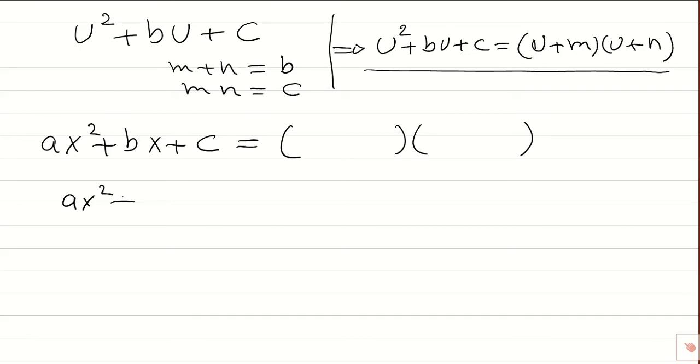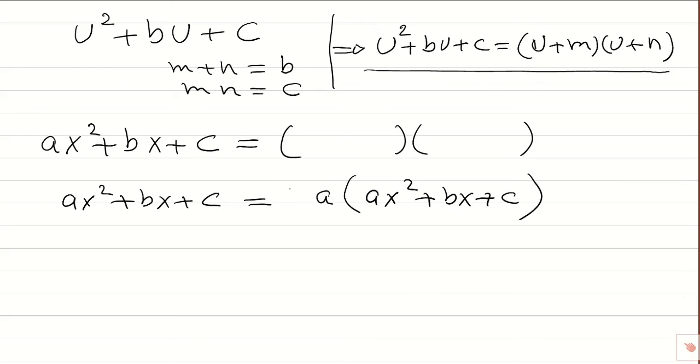Ax squared plus bx plus c can be written as a times (x squared plus bx plus c), and everything again multiplied by 1 over a, because this part is simply 1 and doesn't change anything.